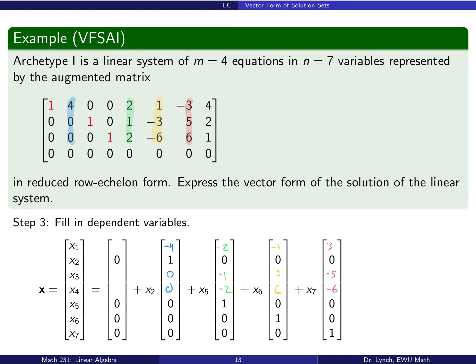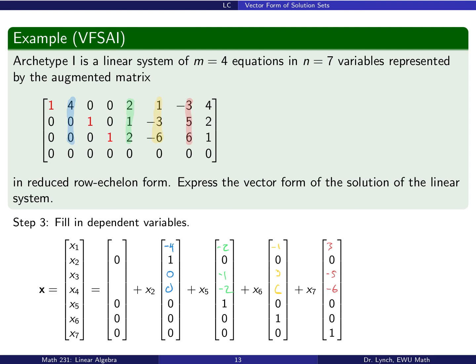The coefficients for x1, x3, and x4 corresponding to the free variable x6 come from the sixth column, and the coefficients for x1, x3, and x4 corresponding to the free variable x7 come from the seventh column.